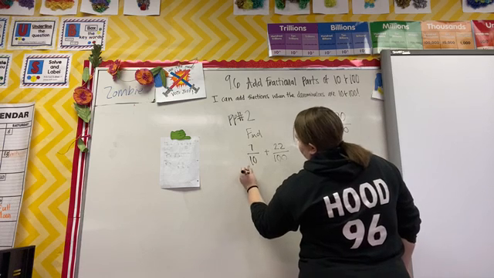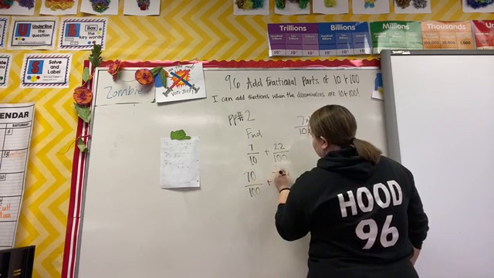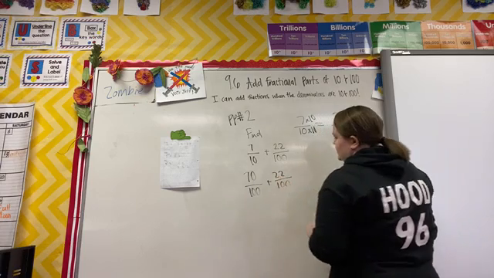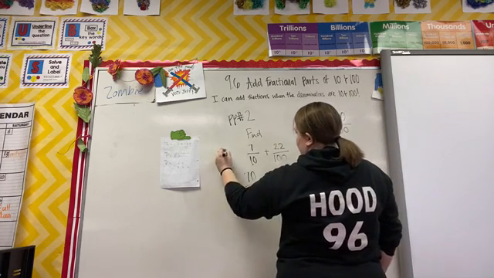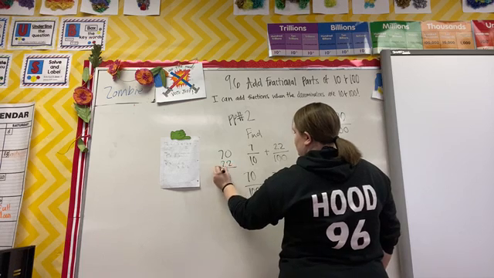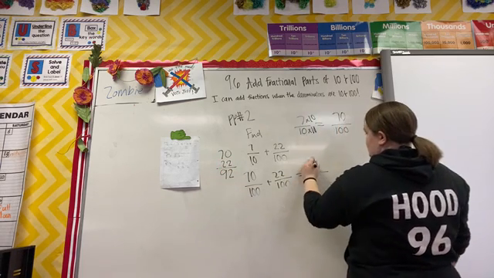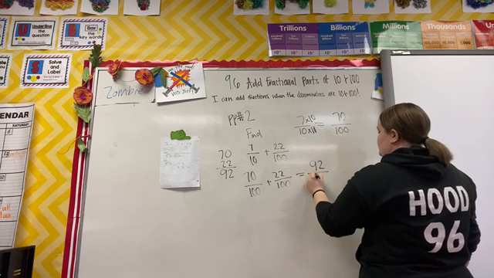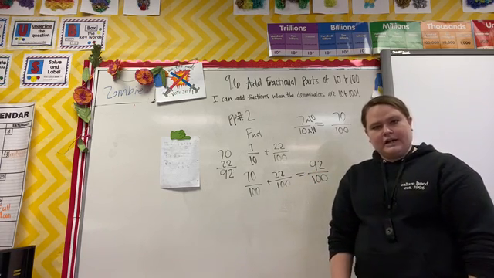So I have 70 hundredths plus 22 hundredths. Okay, what does that equal? 70 plus 22 is 92 over 100. All right, hopefully you got it right.